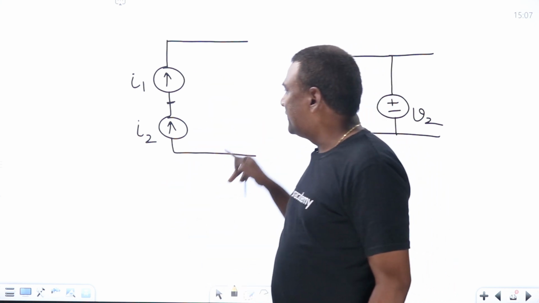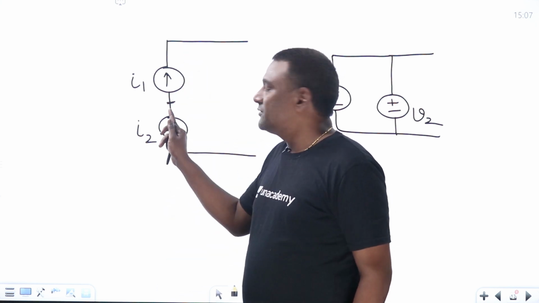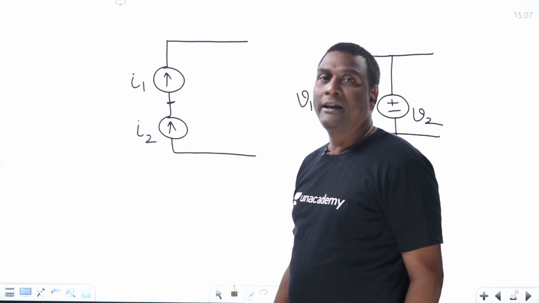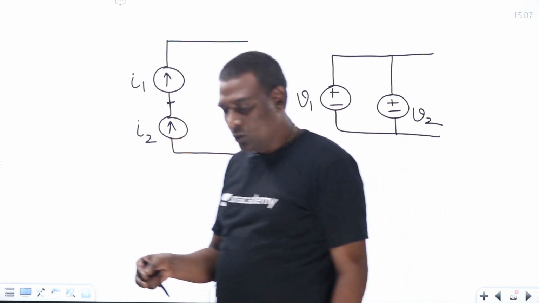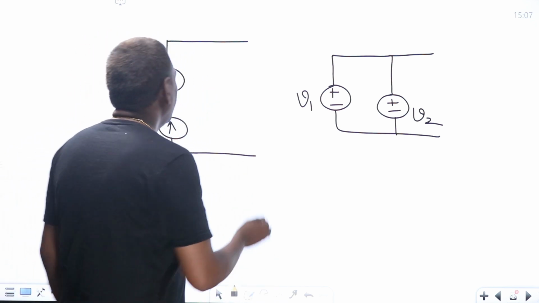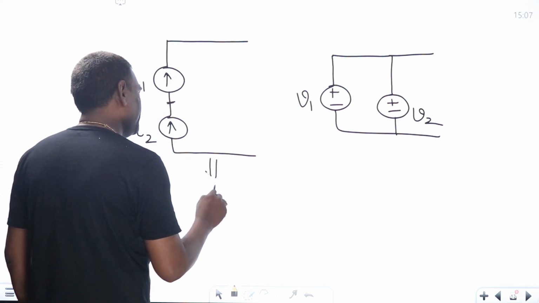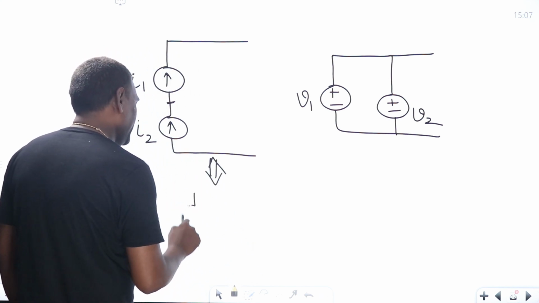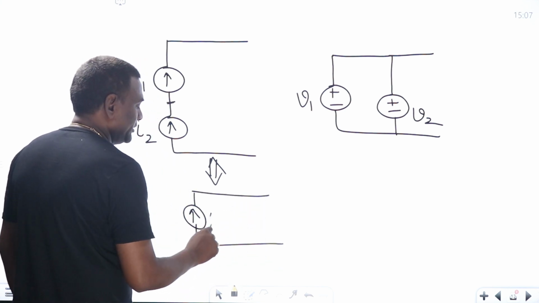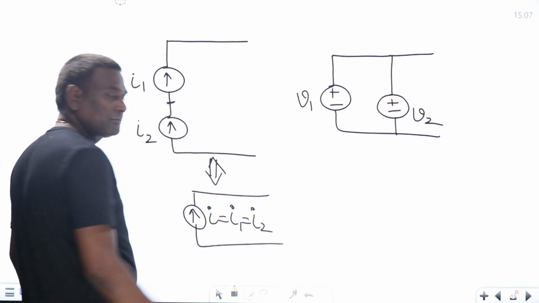For example, if I2 is 5 amperes and I1 is 10 amperes, I2 is giving 5 amperes, but I1 has to take 10 amperes from the same node, and the node does not have any property of its own. So it is possible only if the equivalent circuit between this and this is only a current source, with magnitude I equal to I1 equal to I2.